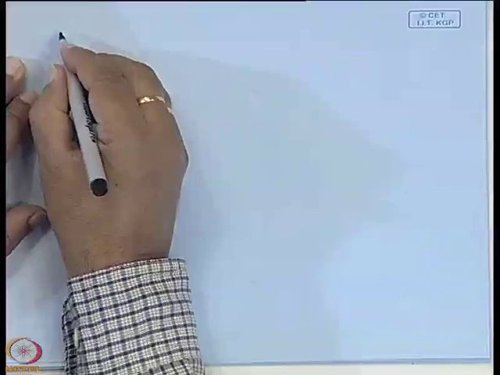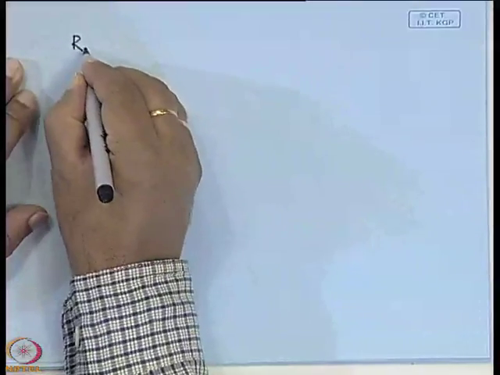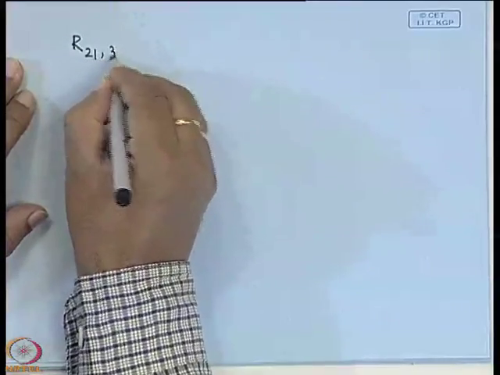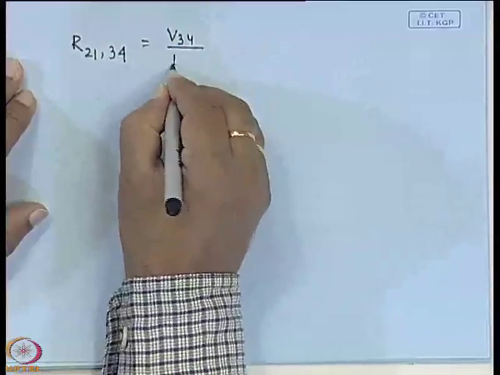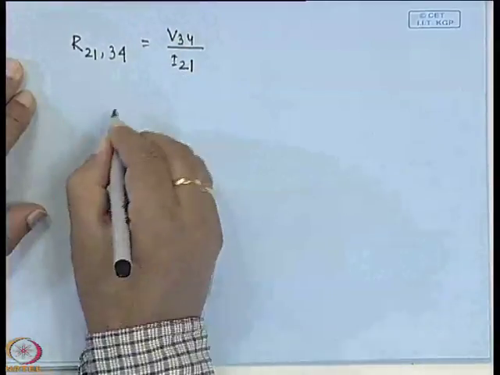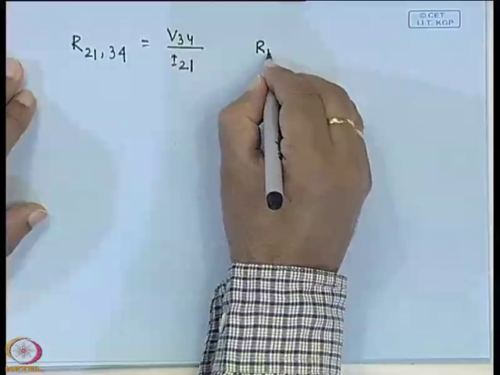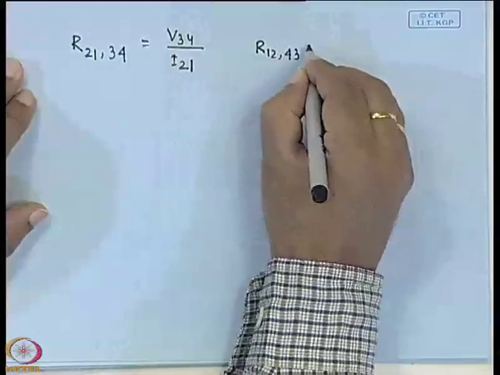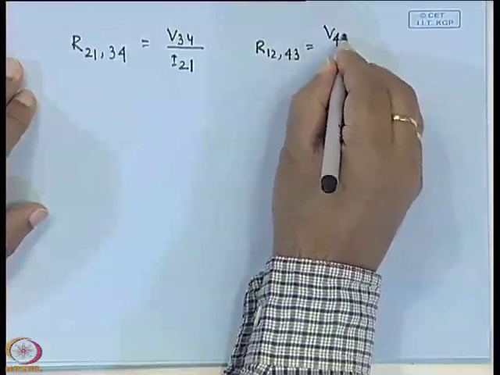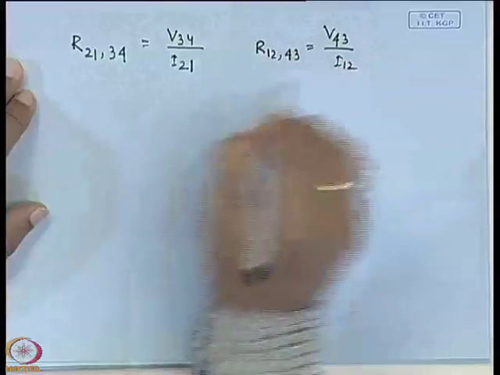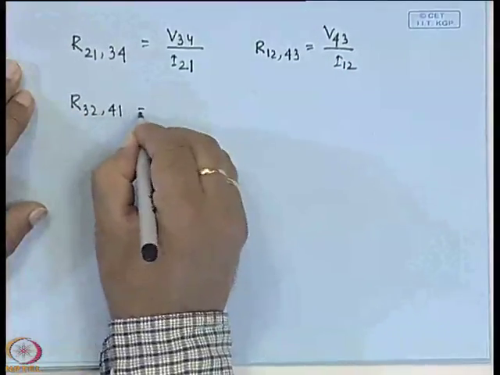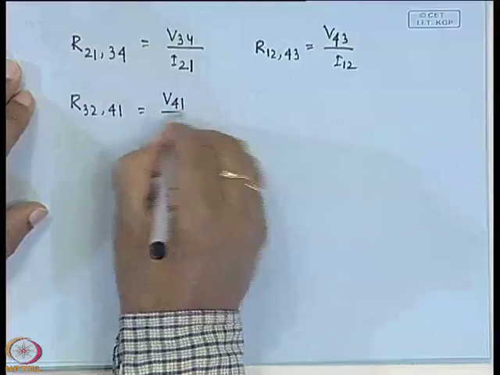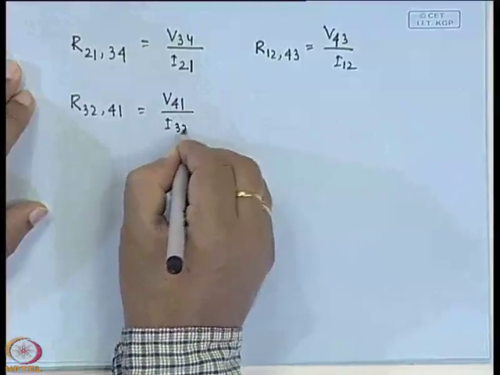Let us see: R2134 is V34 by I21. Similarly, R1243 equals V43 by I12. R3241 is V41 by I32.